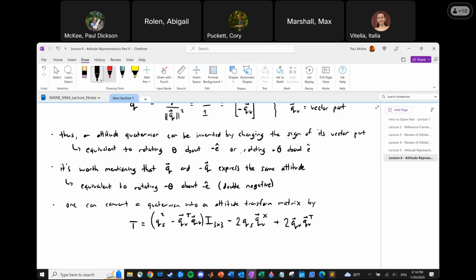And so that takes the components of Q and rearranges them and ultimately extracts enough information to rebuild a 3x3 attitude transformation matrix.